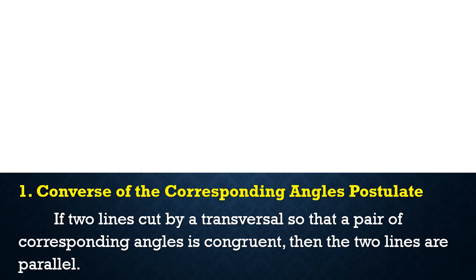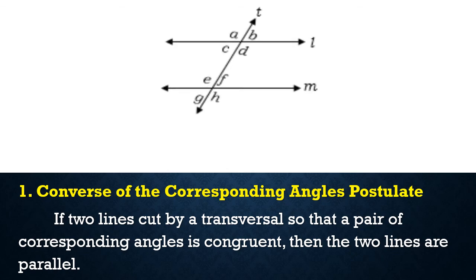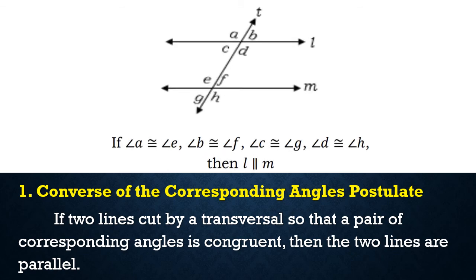So if you will see in the illustration, this statement goes, if angle A is congruent to angle E, since they are corresponding, and angle B is congruent to angle F, angle C is congruent to angle G, and angle D is congruent to angle H, then line L is parallel to line M.